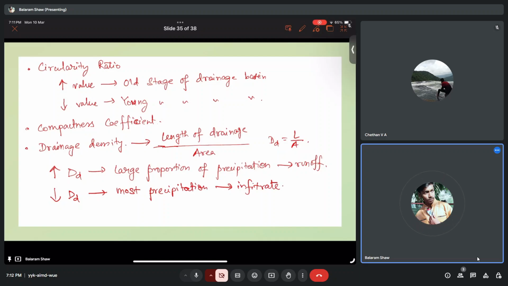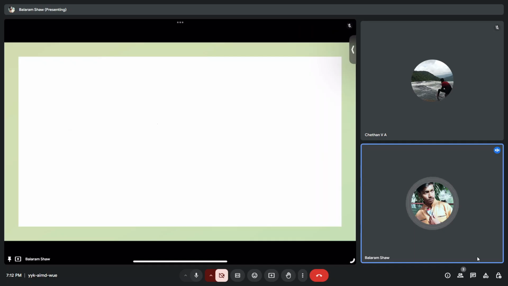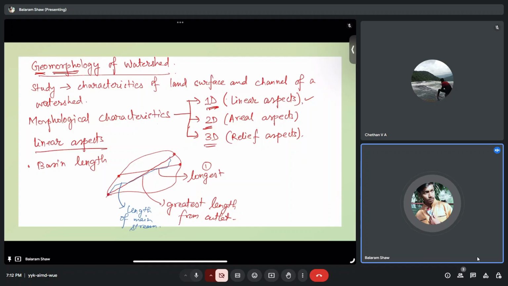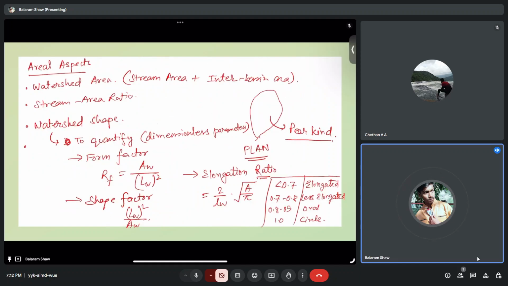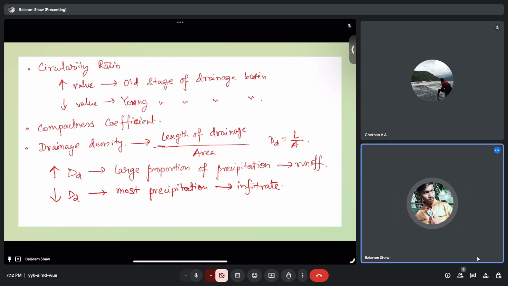Okay. Then we have several other areal aspects like constant of channel maintenance, then stream frequency, and so on. And then in the third dimension, as I mentioned, we have relief aspects. Relief aspects deal with the elevation difference.